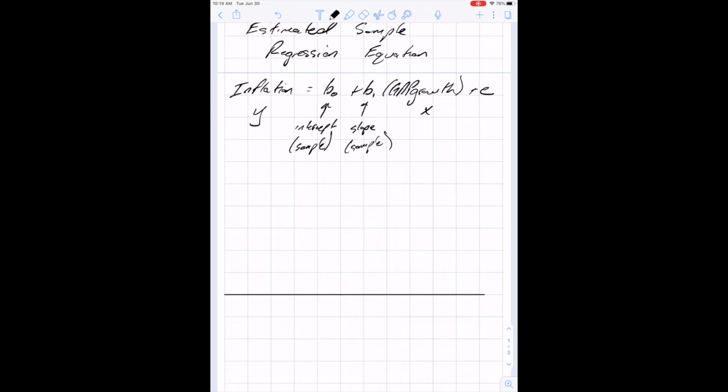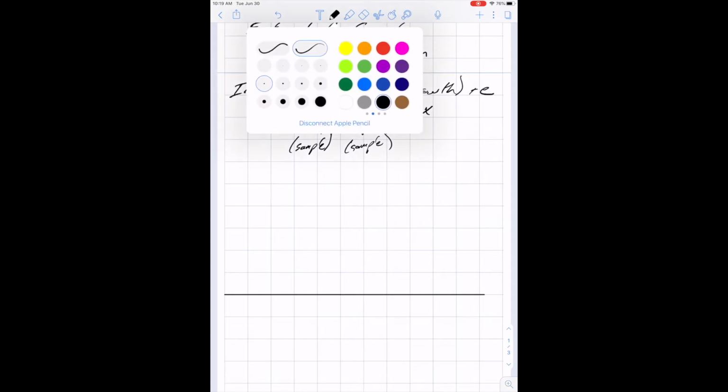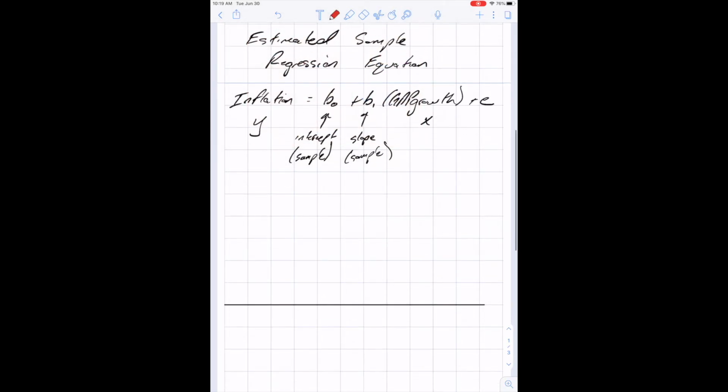So let's talk about this. These sample slopes are a random variable, because if I took a different random sample, I would get a different slope, right? Every time I took a different random sample, I did get a different slope. However, those random slopes will be centered, guess where?